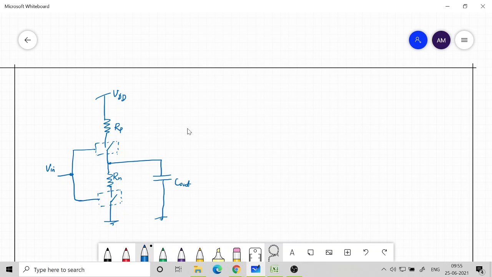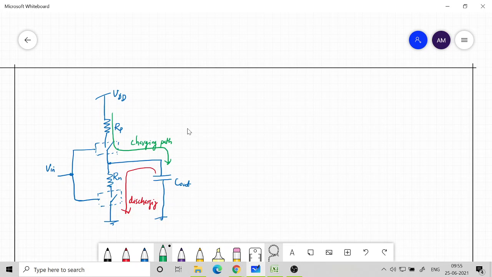Whenever we look for charging, this is the path for charging, and whenever we look for discharging, we consider this path. So discharging will decide your fall time, and charging will decide your rise time.